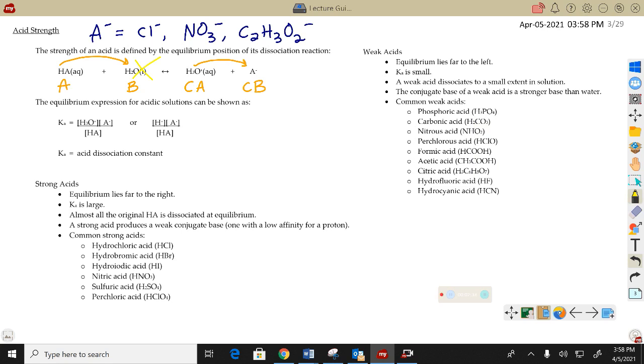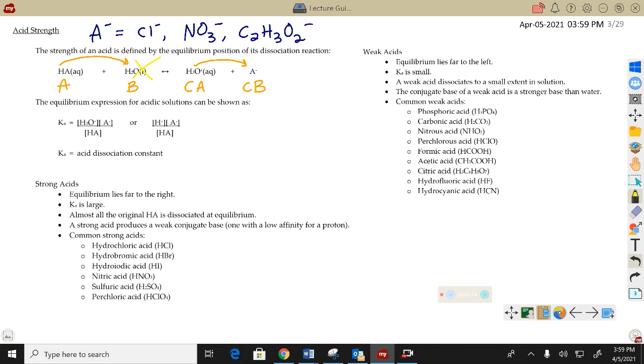So we can write equilibrium expressions for these general acid equations, where it's going to be the product of the two ions all over the initial acid concentration, and we're not going to use the water. Often you'll see the water written in the equation because it shows where the hydrogen is going. It's attracted to these water molecules, where the oxygen is really negative. We're just not going to use the concentration of water in any of our calculations.